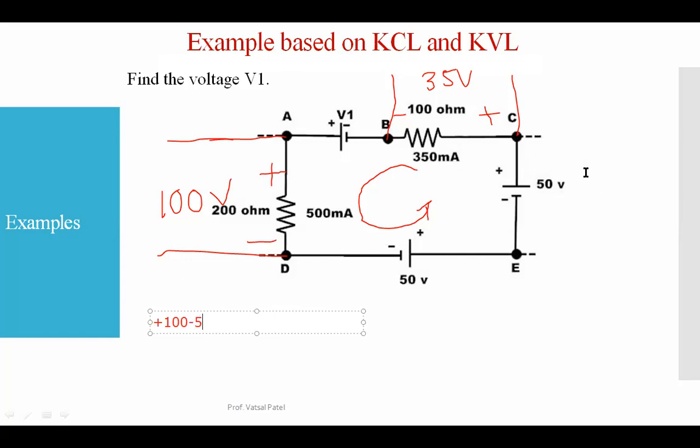Same thing for this other 50 volt. Can we write minus 50? Then if you reach the 100 ohm resistance here, which polarity will come first? Positive polarity. So can we write 35 volt minus V1 is equal to 0.